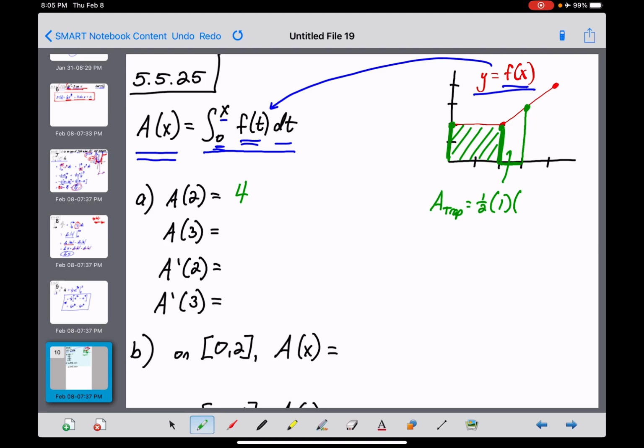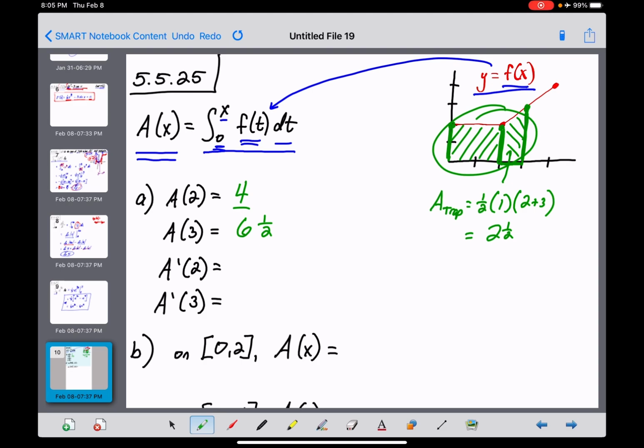Looks like this base has a height of 2, and this base a height of 3. So 2 plus 3 means that the area of that trapezoid is going to be half of 5, or 2.5. Now we're going to add that 2.5 to the 4 that we had at 2 and get 6.5 for the total area of all of that green region right there.